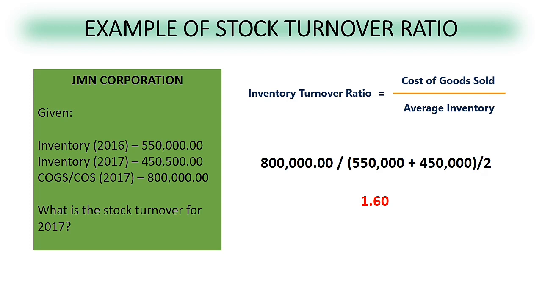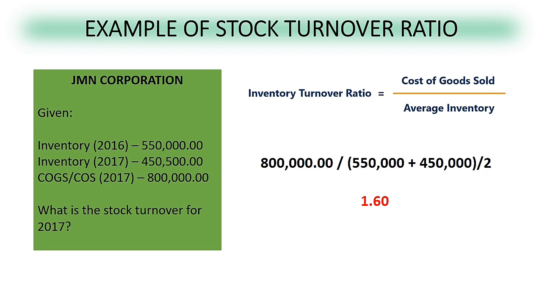Ang una natin gagawin is kunin muna natin yung average inventory. So we have 550,000 plus 450,000, it is equal to 1 million. Then i-divide natin sa 2. That will give us the result of 500,000. Now 800,000 divided by 500,000 is 1.60.